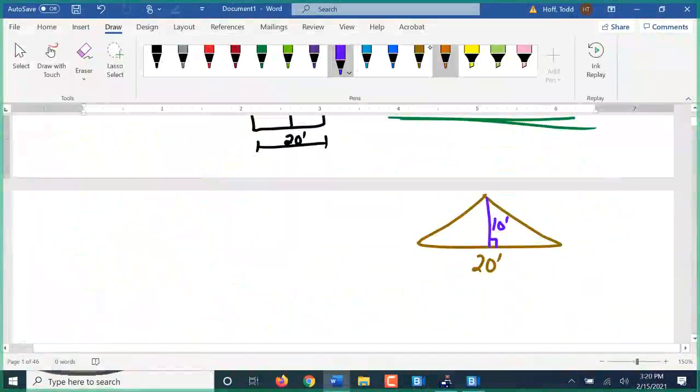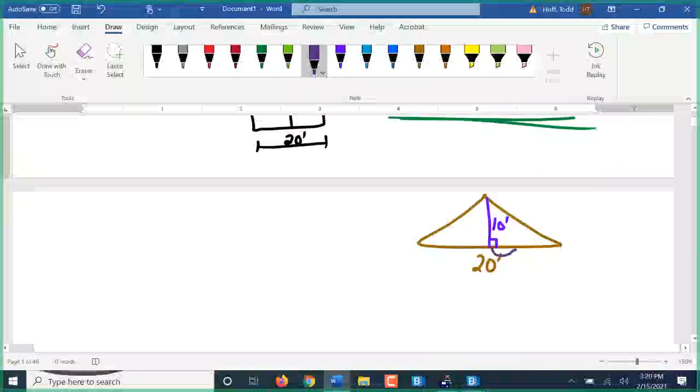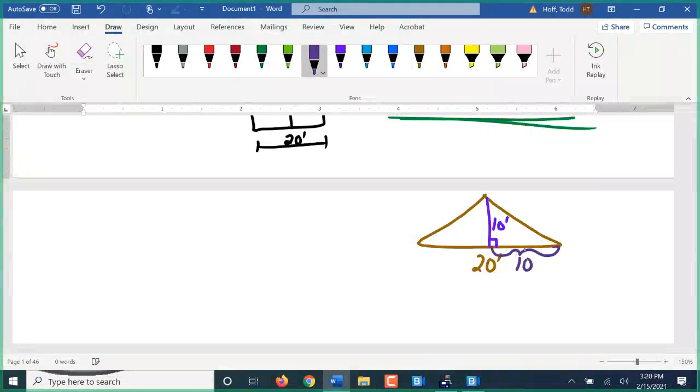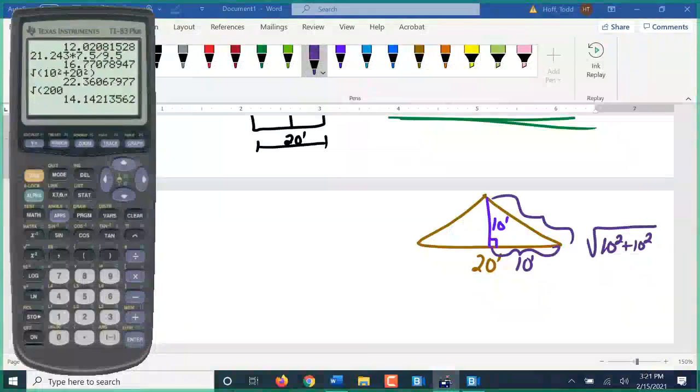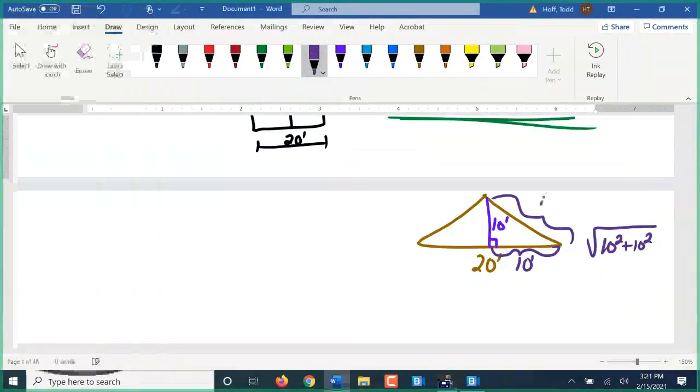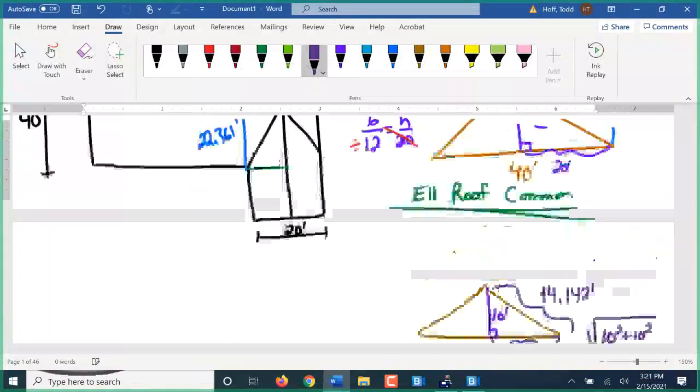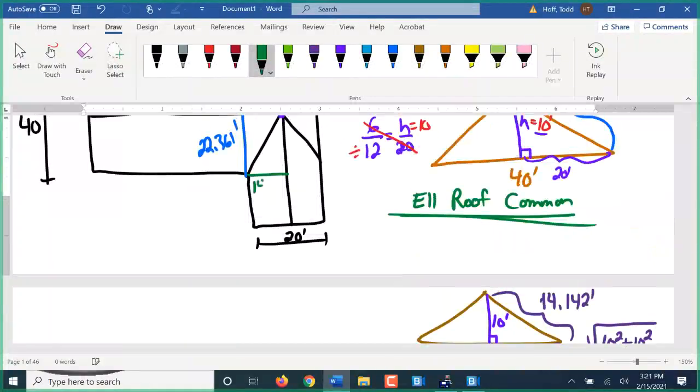So to find our length of our common here, 10 squared plus 10 squared, perfect. There's 14.142. This is 14.142 feet.